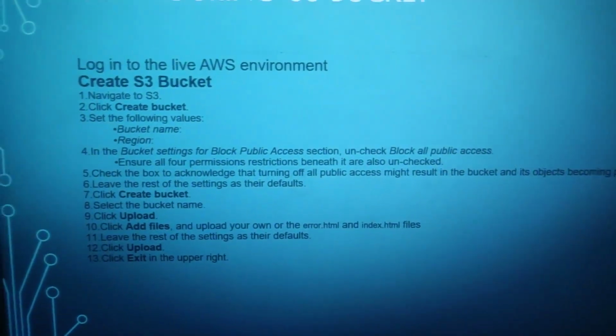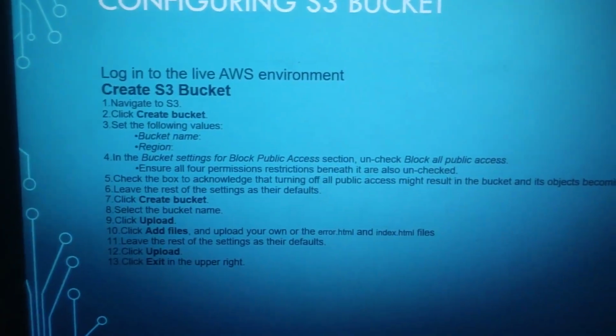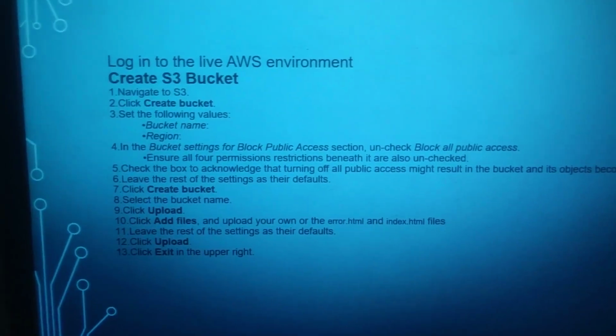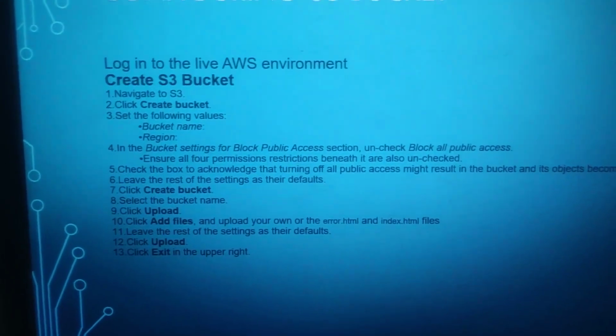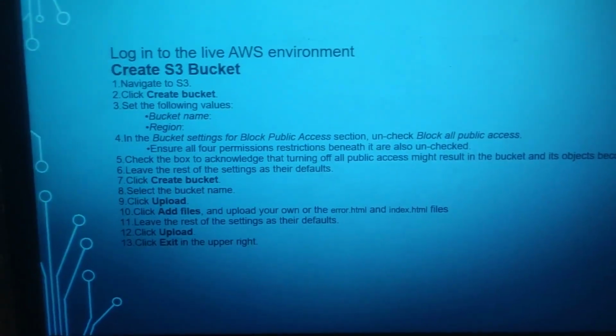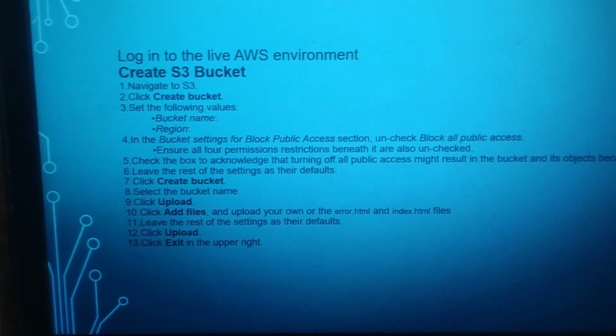First of all, you have to log into your AWS environment with your credentials. Once you create an AWS account, you get its credentials. Next, you have to create a bucket.